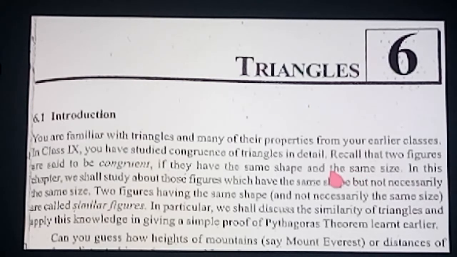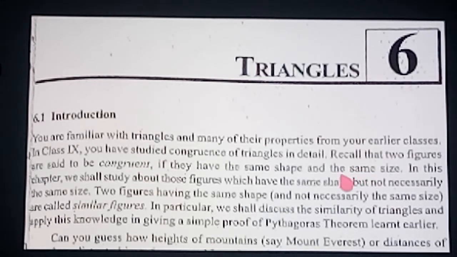So in that case their area also will be equal. So this sentence you read. Two figures are said to be congruent if they have the same shape and same size. So if two figures are congruent, then they have the same shape and same size. That type of figures we are calling congruent figures.